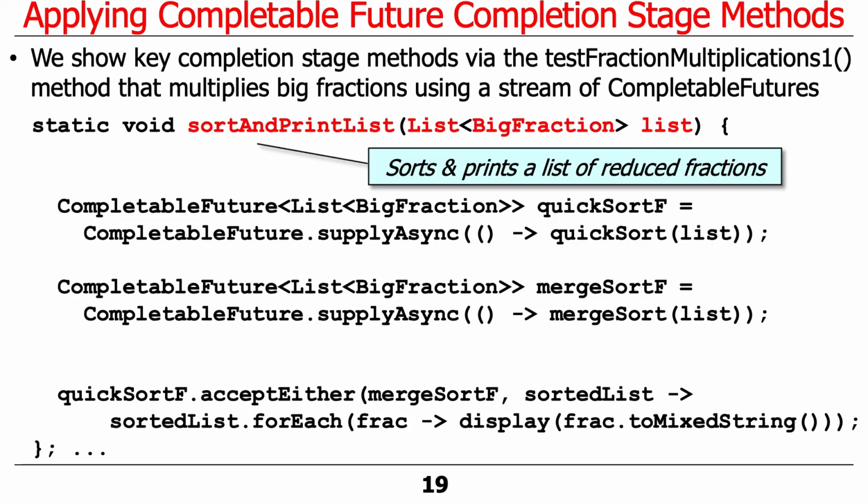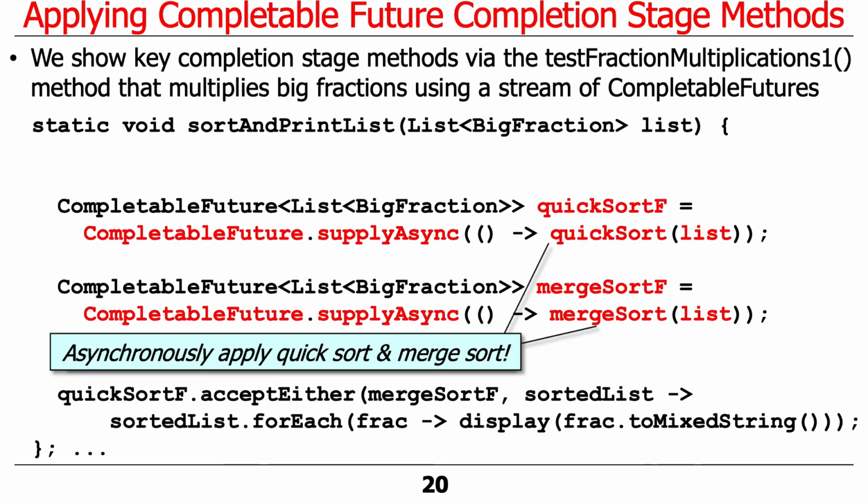So let's go take a look at sort and print. Sort and print list sorts and prints a list of reduced big fractions. So by this point, I guess they're actually reduced and multiplied big fractions. By the time it gets to this point, everything's been finished. And what we do here is that clever little trick I talked about last time, where we use quicksort and merge sort, and we start them both up running in parallel, because what the heck, why not? We got lots of cores.